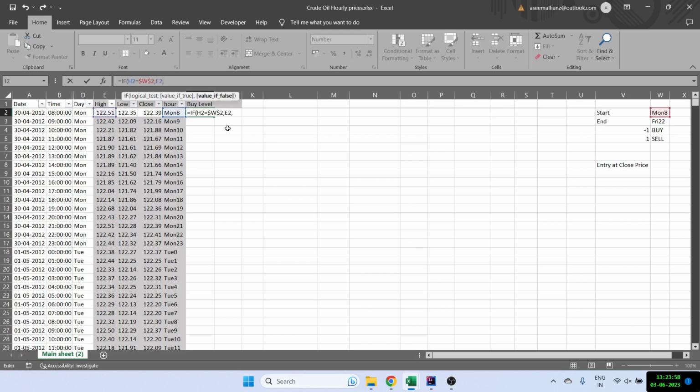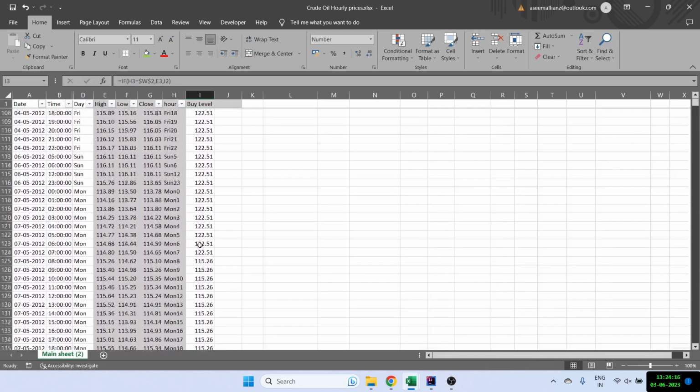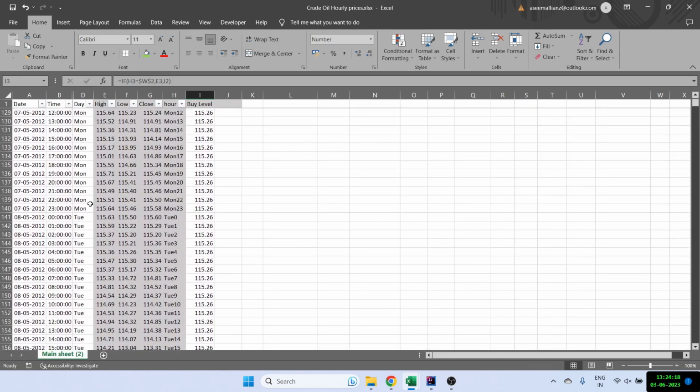Otherwise it will be the previous value. So basically what I'm saying is, if the current candle is the Monday 8 o'clock candle, then I want the buying level to be the high price, otherwise it's the previous candle. If we just do it, you will notice that it will become 122.51 every time till it encounters another Monday 8, which is here, and this is where it will update the buying level.